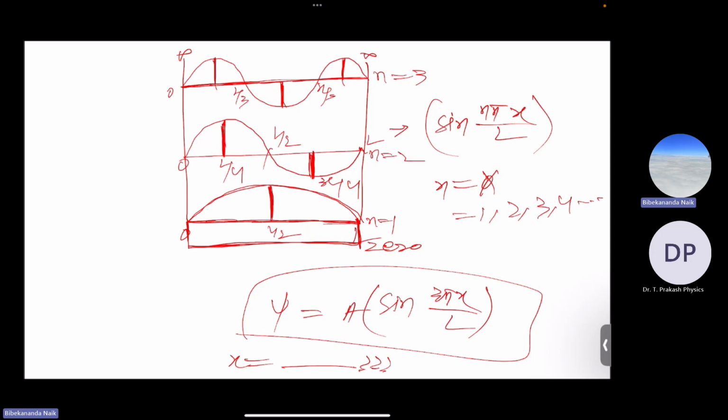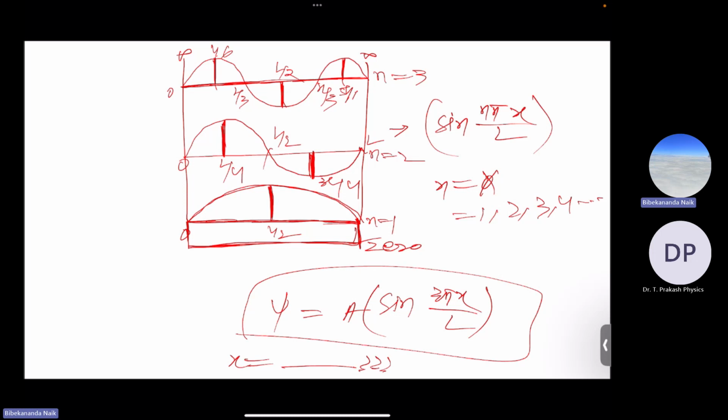So if you do it in six parts, it will be L by 6, 2L by 6, 3L by 6 is L by 2 again, then 5L by 6.